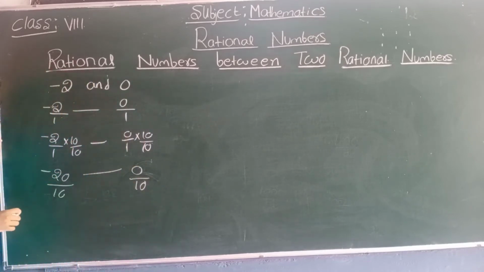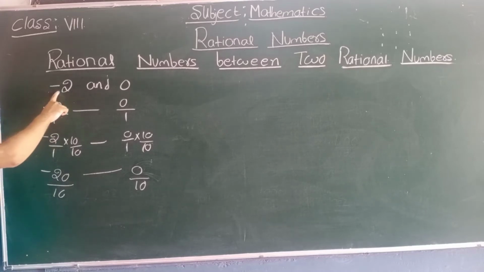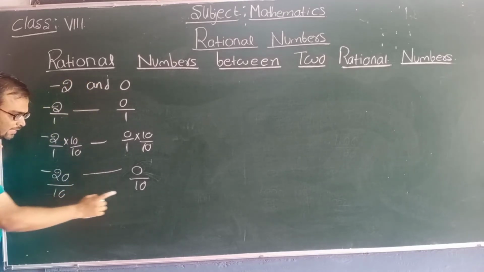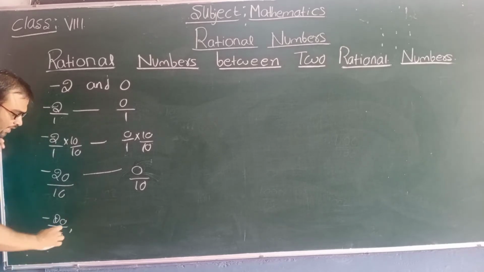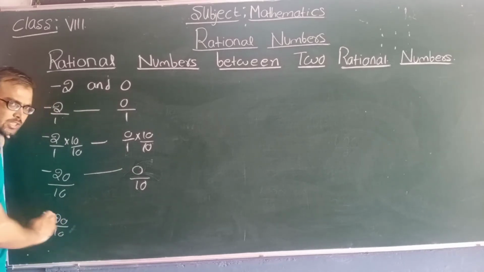So now students, what are the numbers between -2 and 0? As the denominator is same, you can just write. You have seen the number line, no?